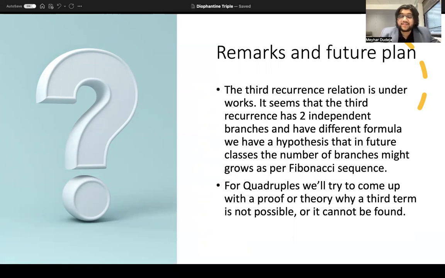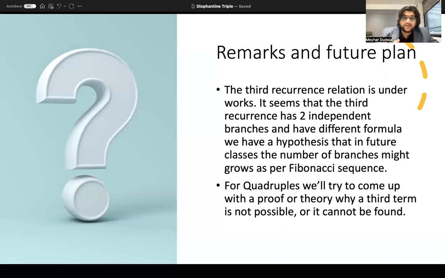And based on this, we have a hypothesis running that if you go further, like let's say if I try to find class 4, the number of branches would be 3. This is basically growing at a Fibonacci rate. That's our hypothesis, but that's for the future of this project.